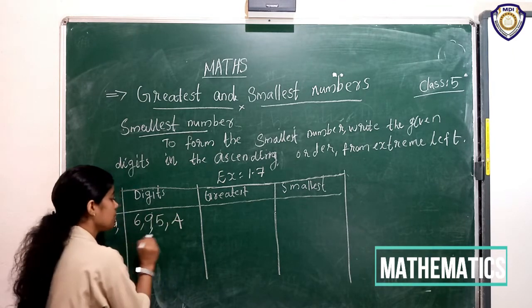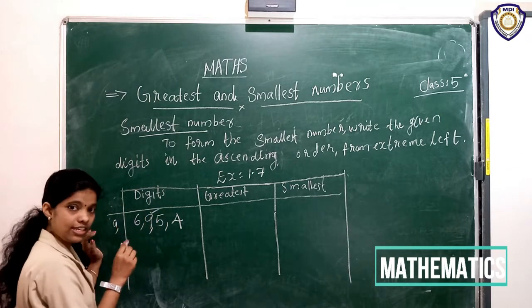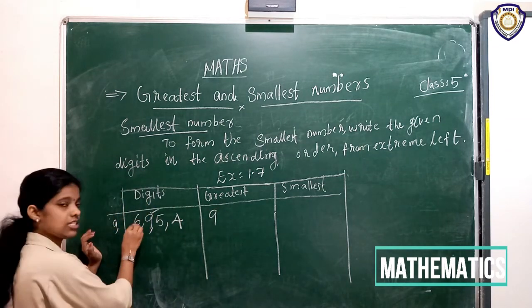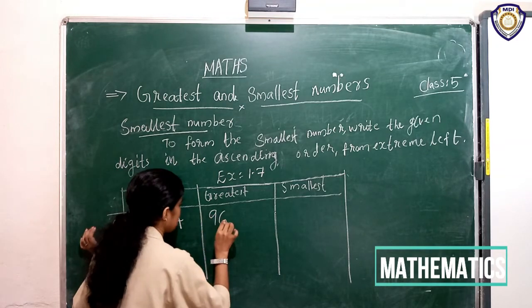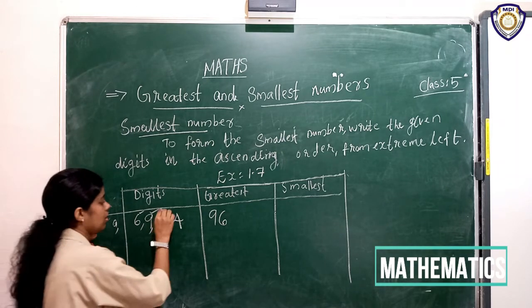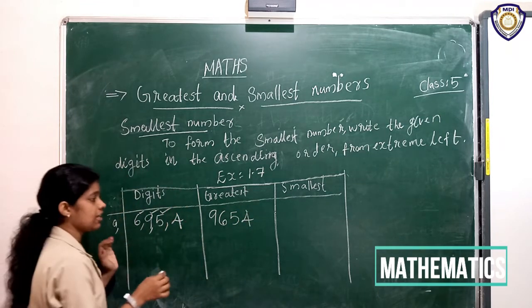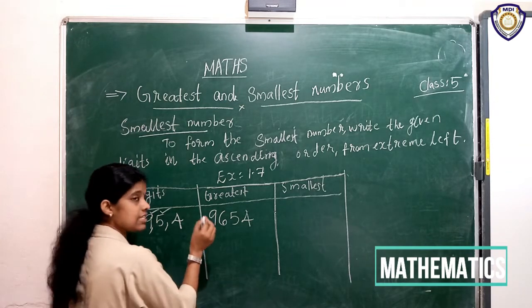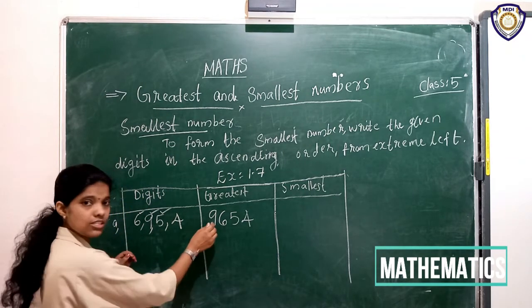Among these numbers, which number is largest? 9 is the largest number. Okay, write 9. Then next number 6. 5 or 4, which is bigger? 5 and 4. We get the answer 9654. Did you write it?